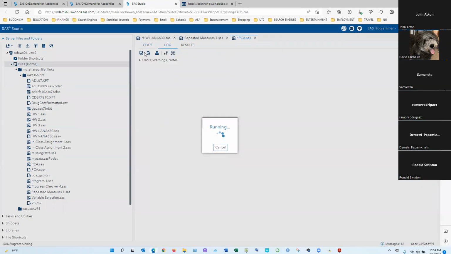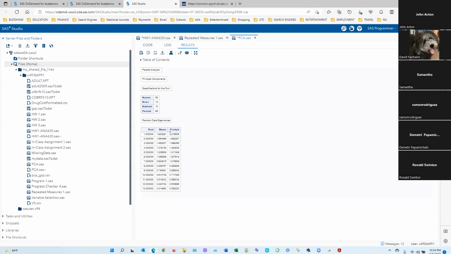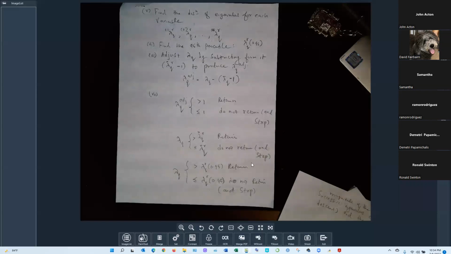You compare with this one. If it's greater than that, according to this criteria, we say our original lambda should be greater than the 95th, so we retain it. If less, we do not retain it.